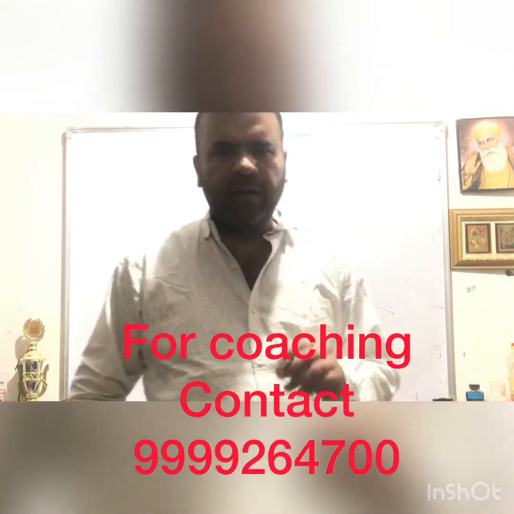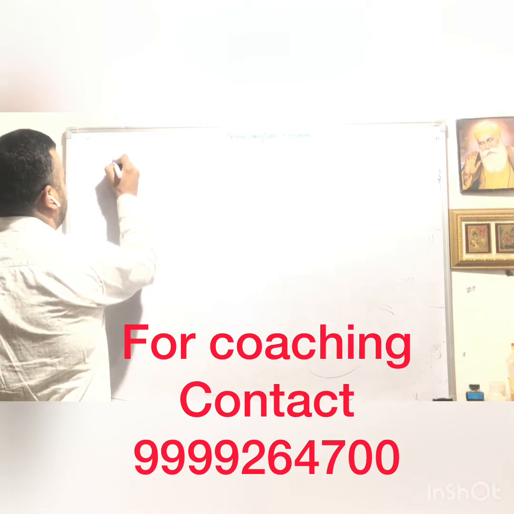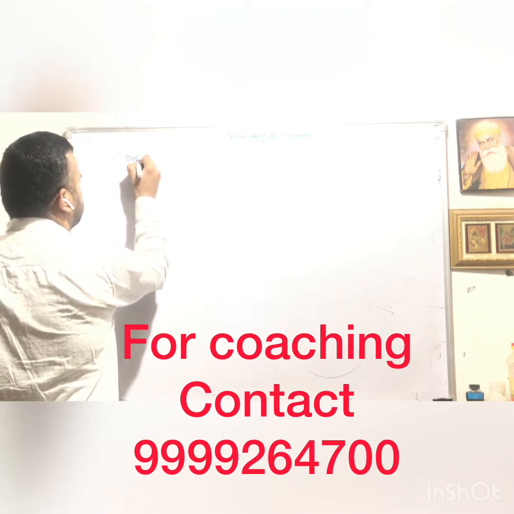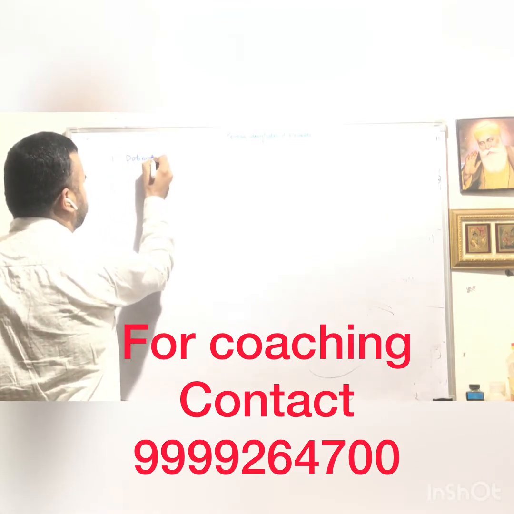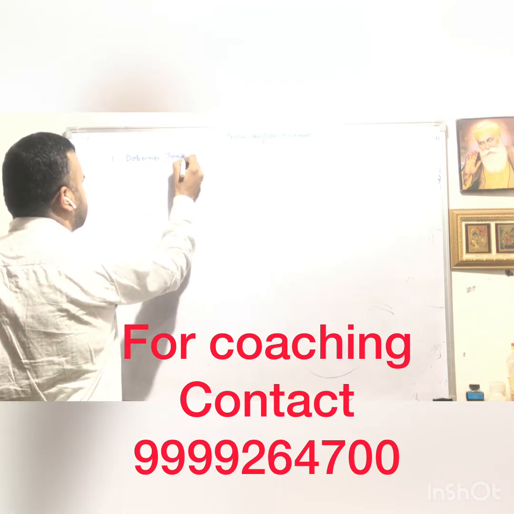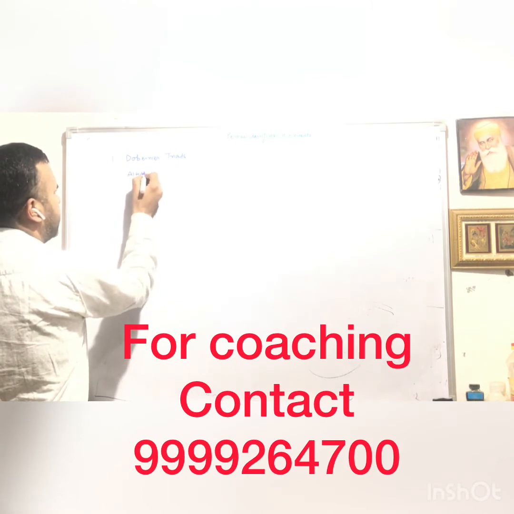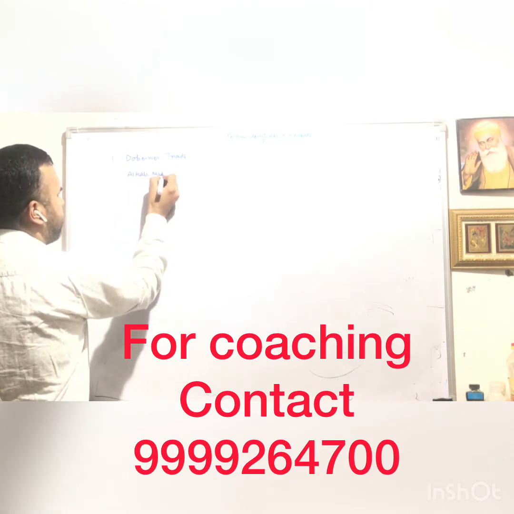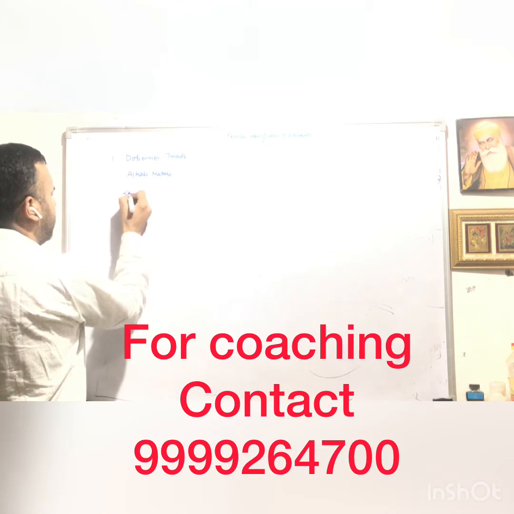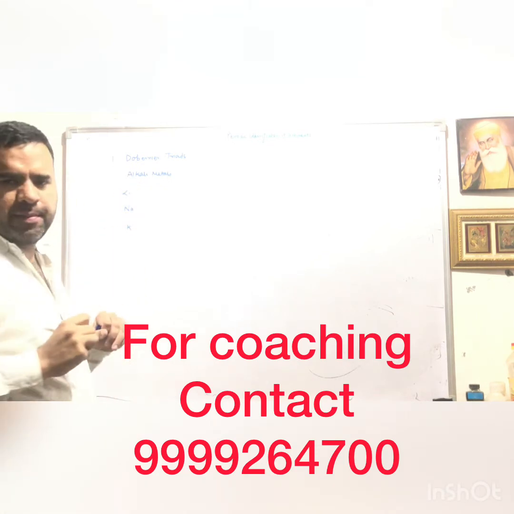First of all, he made the first triad of alkali metals. So the first one is Dobereiner's triads. I'll give you the example of this, and the rest of the examples I'll tell you. This is a triad of alkali metals. What he did, he arranged elements in order of their increasing atomic masses.